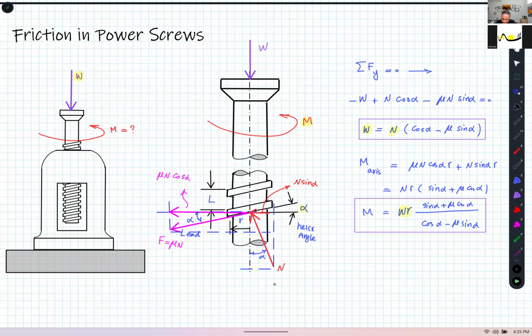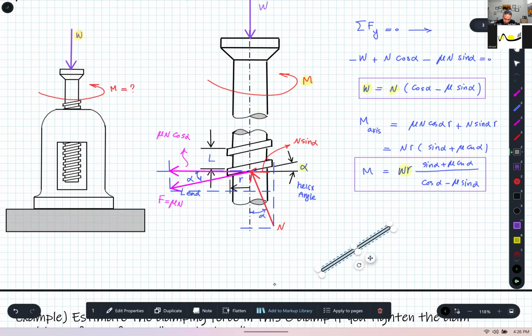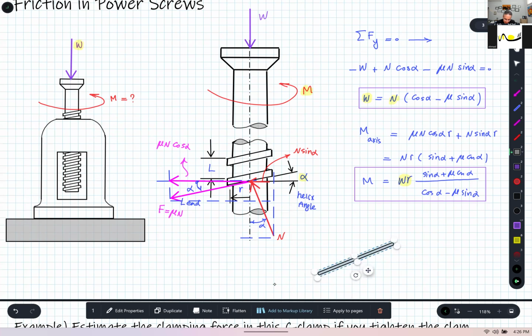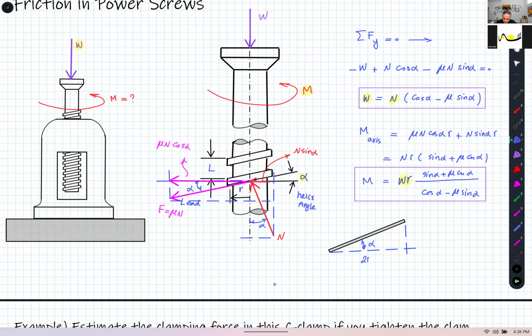If I open up one of these threads, let's say we open up one thread, this angle will be alpha, and this length will be 2 pi R, the circumference of the screw here, and this is L. So simply I can find alpha.